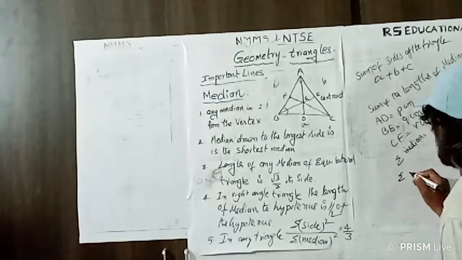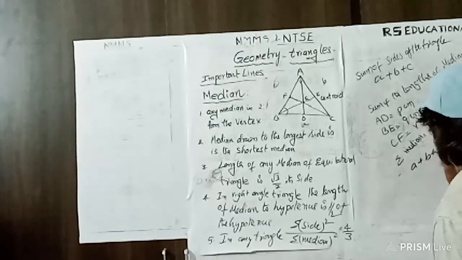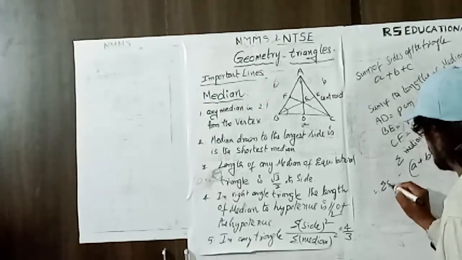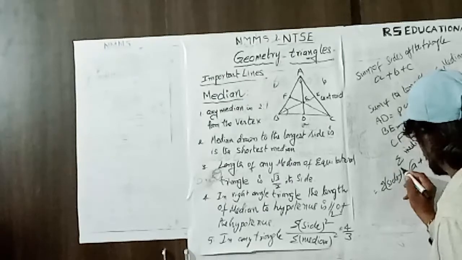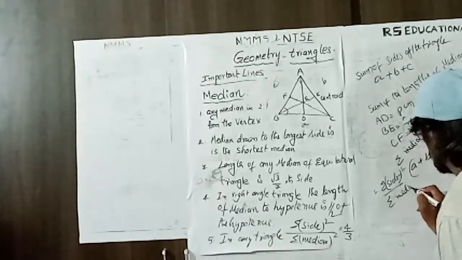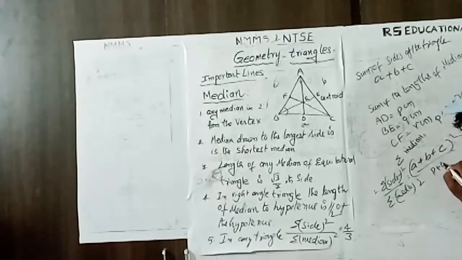Sigma sides whole square by sigma medians whole square, that is, A plus B plus C whole square by P plus Q plus R whole square, must be 4 by 3.